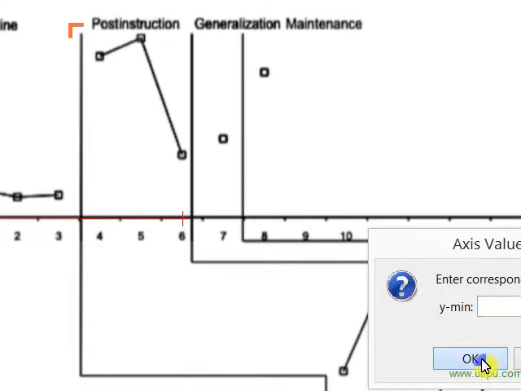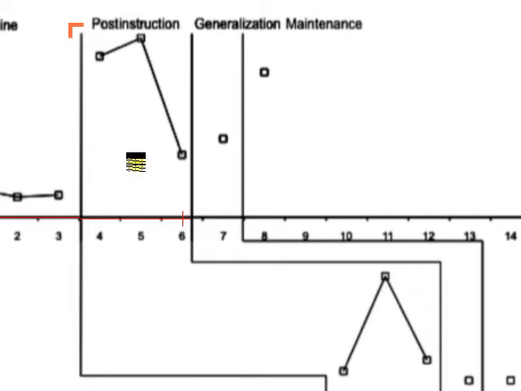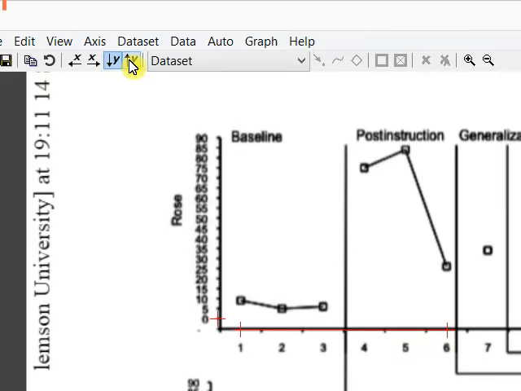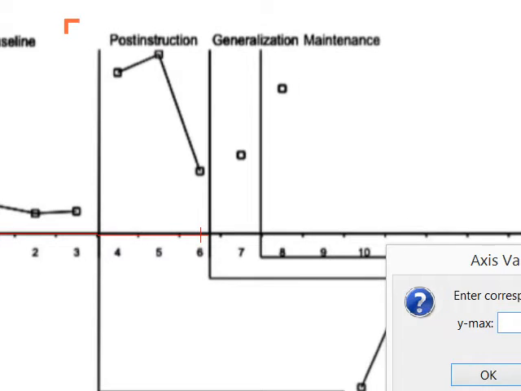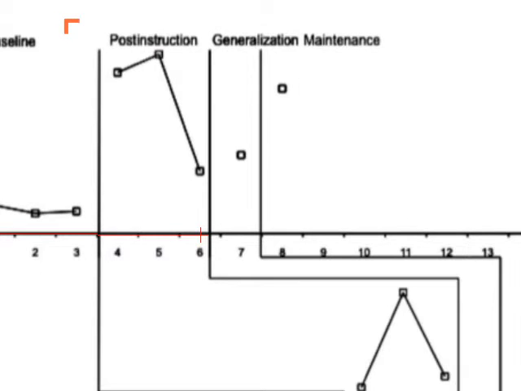It's better to be too broad than to exclude it. So now I'm going to go here to set my y maximum, and I'm looking for the highest point, which looks like it's about here, which is about 85. So I'm going to set my y maximum at 90 and hit enter.